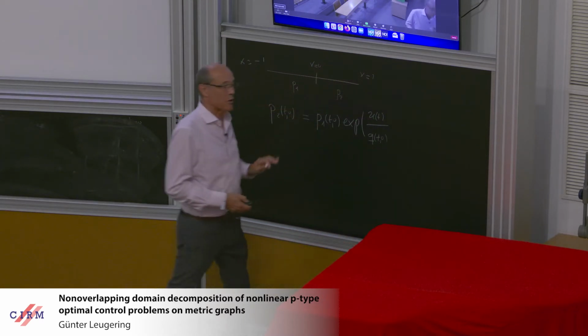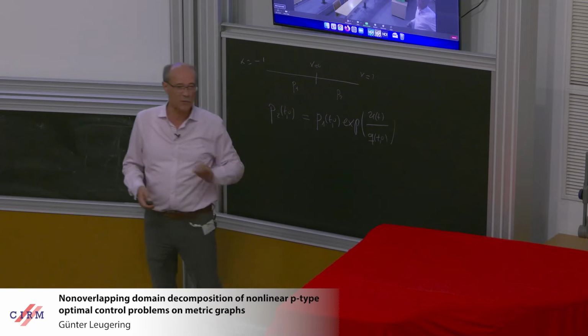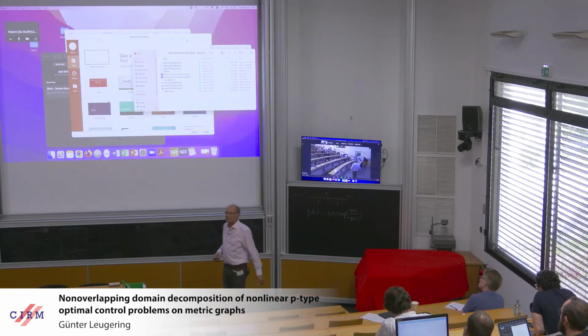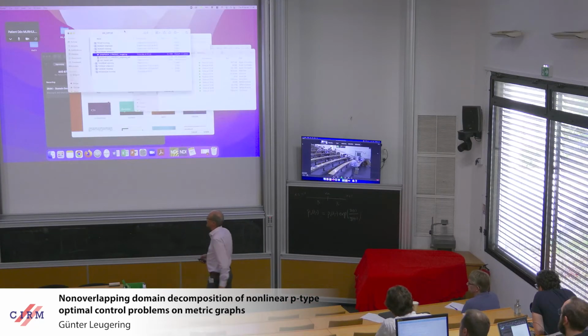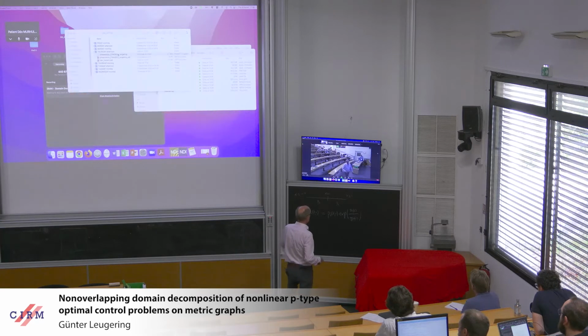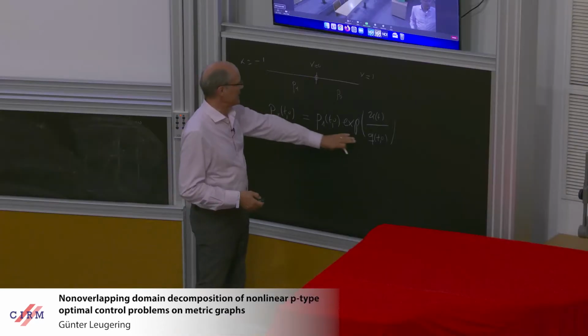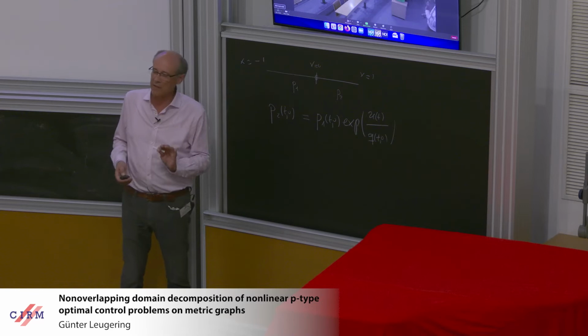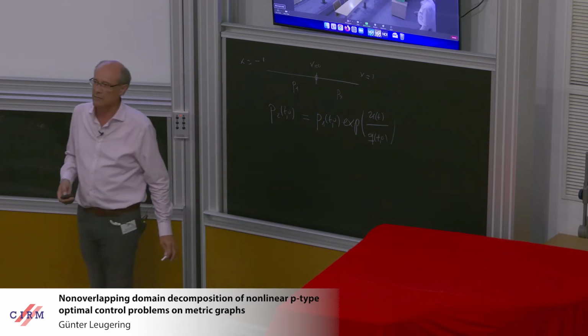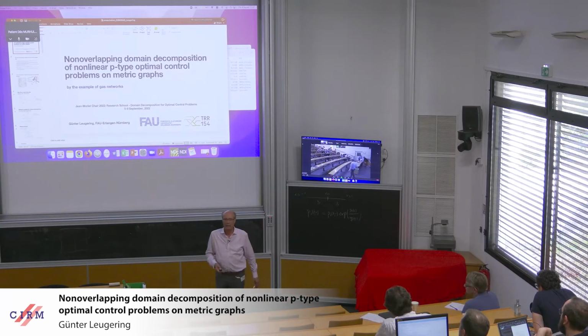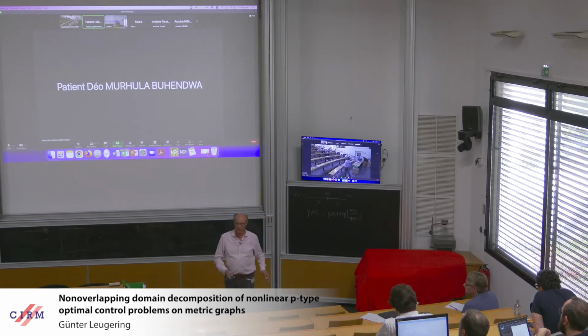The Q is continuous across the joint, and compressor here leads to such. I mean, this is already a dramatic simplification. A compressor is a building as large as CIRM is, maybe, or even larger, right?